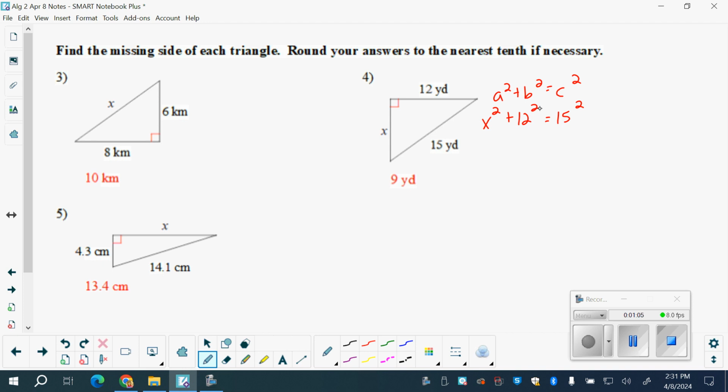And so then what would we do next? Simplify. What's 12 squared? 144. And we use our calculator to find 15 squared. And then what next? Subtract the 144.